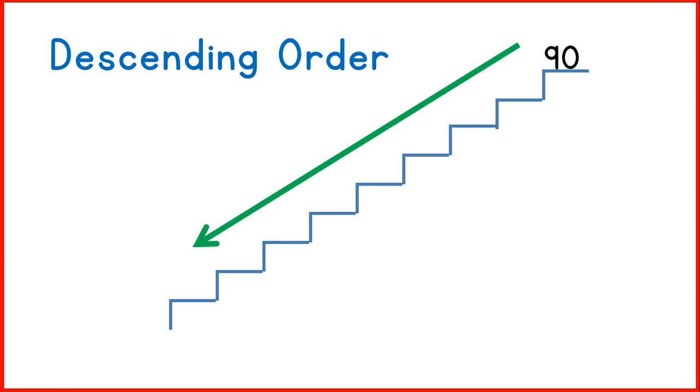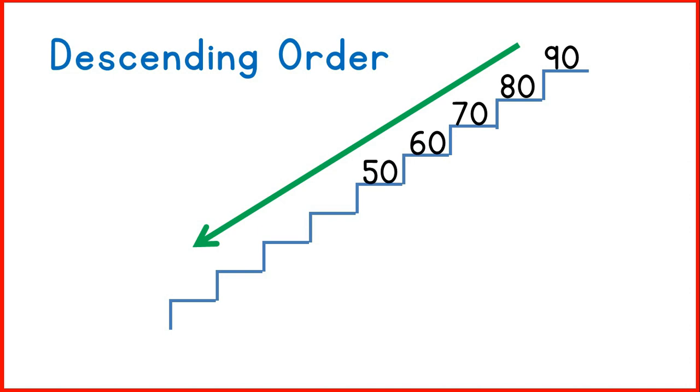Okay, now 90, what 10 comes before 90? Tell me. Yes, 80. What 10 comes before 80? 70. अब आप क्या कर रहे हैं? डिसेंड कर रहे हैं, डिसेंडिंग ऑर्डर में जा रहे हैं. 90 के बाद आप 80, 80 के बाद 70, 70 के बाद आप 60 कहेंगे. What 10 comes before 60? 50.